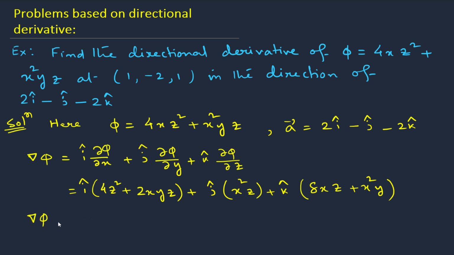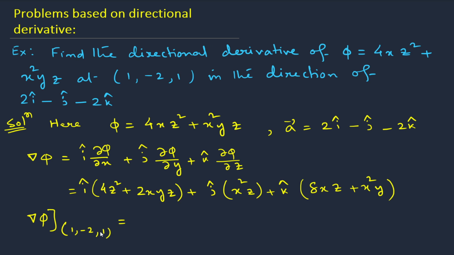Since a point is given, we have to find the value of the gradient at that particular point. In place of x we put 1, in place of y we put minus 2, and in place of z we put minus 1.